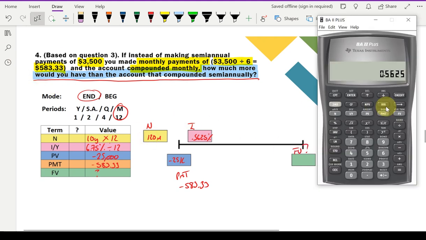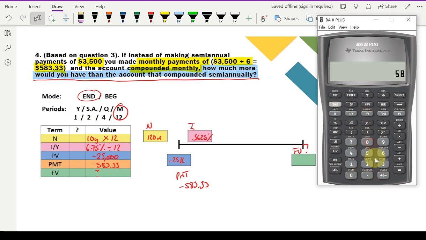Let's put that into our calculator. I'm going to second clear the time value of money. For the interest, you can enter 6.75 divided by 12 directly into the interest per year field, because there are likely more numbers after this. We know that this is actually per month. We have 120 months. Our present value is 25,000, what we're starting off with.